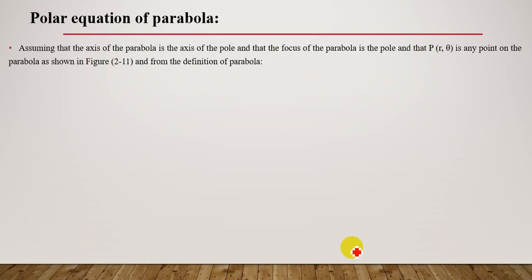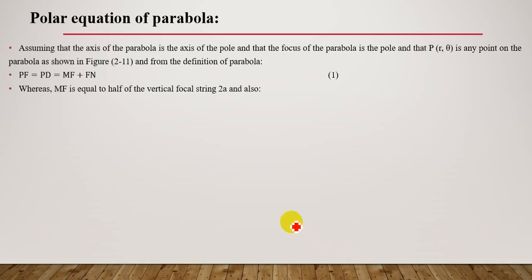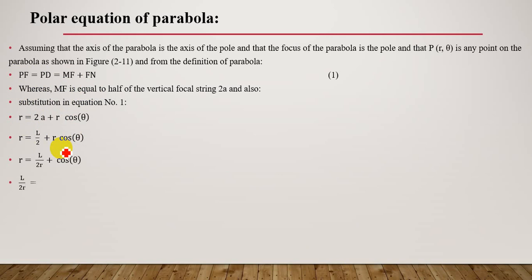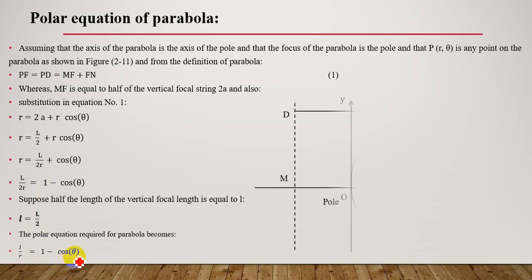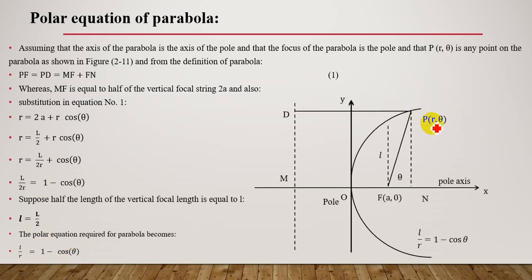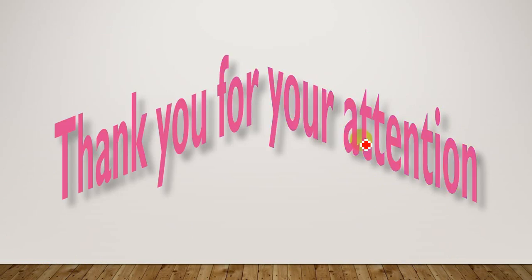Parabola equation in polar form, just as a reminder: if we have that one, we have L over r equal to 1 minus cosine theta, with r and theta. That is our session for this.